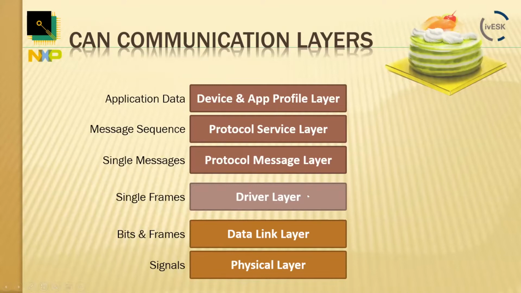And then somewhere in each embedded system dealing with CAN, there will be some sort of driver. This layer will take single CAN frames from the data link layer and provide them to the upper software layers, potentially involving some more FIFOs, buffering, and so on.